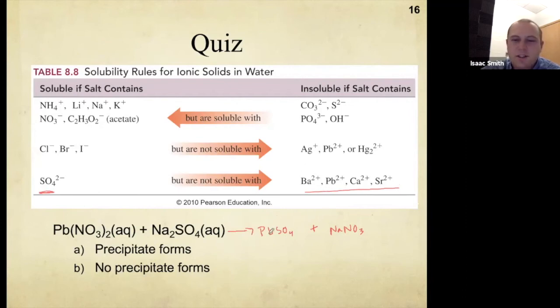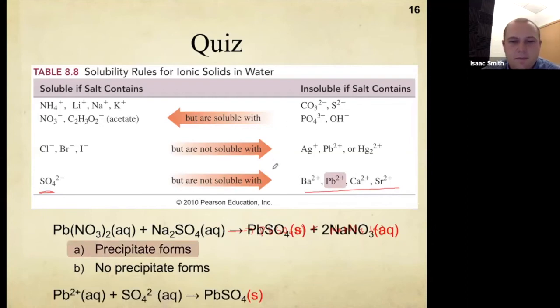So we do have a lead 2+, and so it's not soluble if it's paired with lead 2+. That means this is going to be a solid. Sodium nitrate is soluble because both of these are on the soluble side. All right. So we do form a solid, so we have a precipitate that forms.